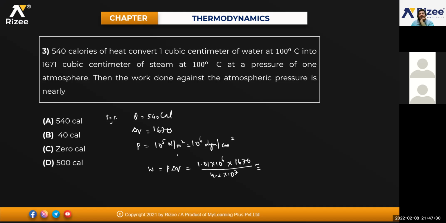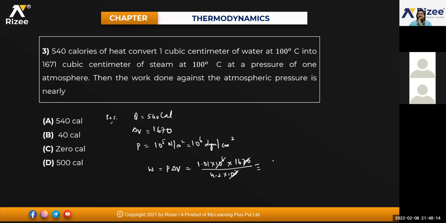I can just calculate it basically. Approximately, this 10 to the power 6 will go and these zeros will also go.